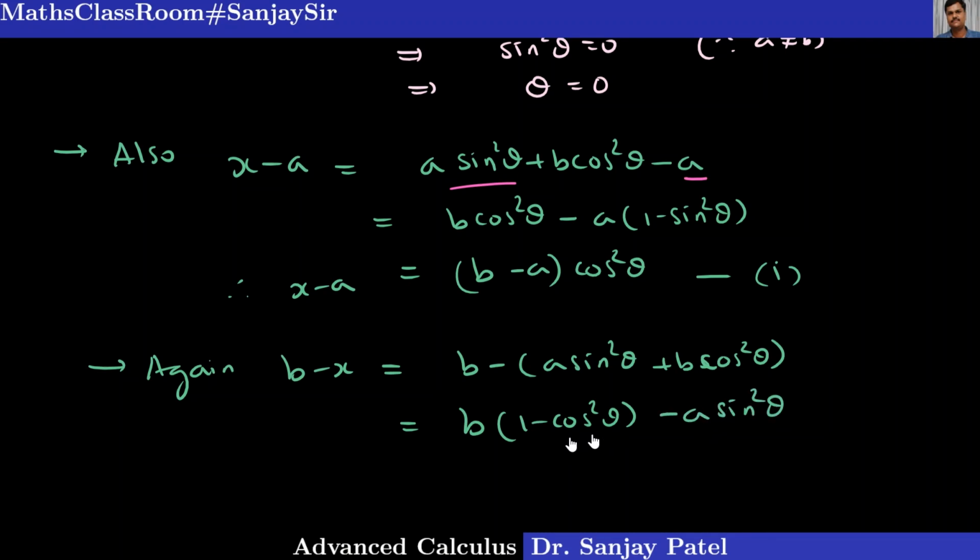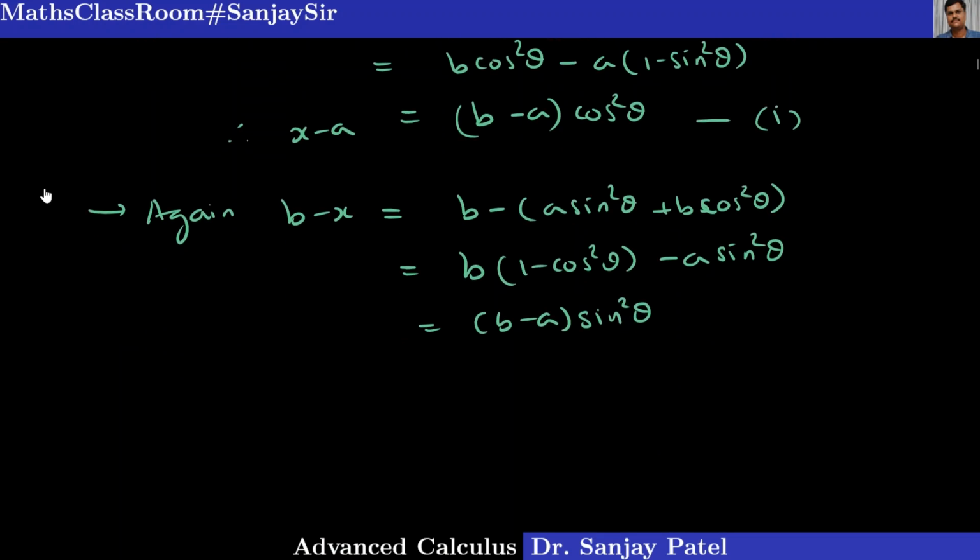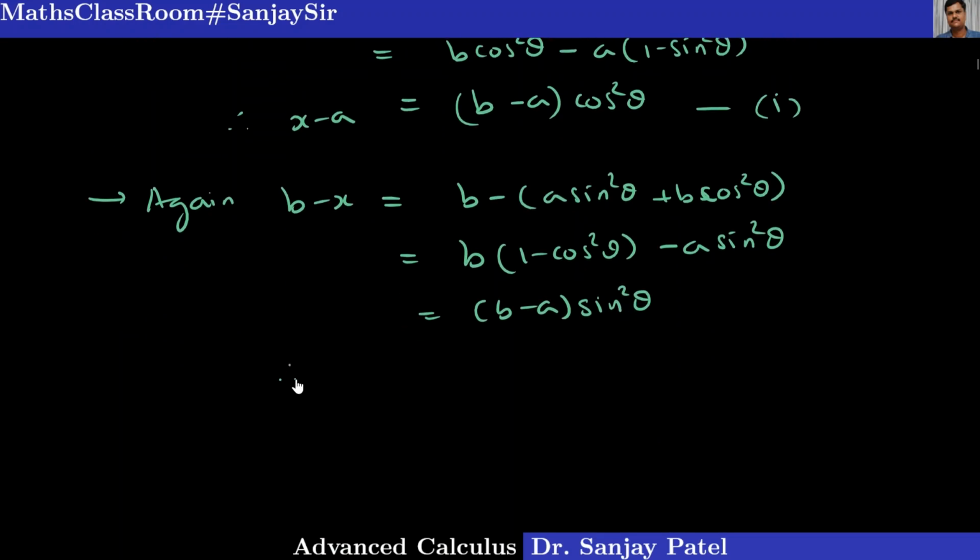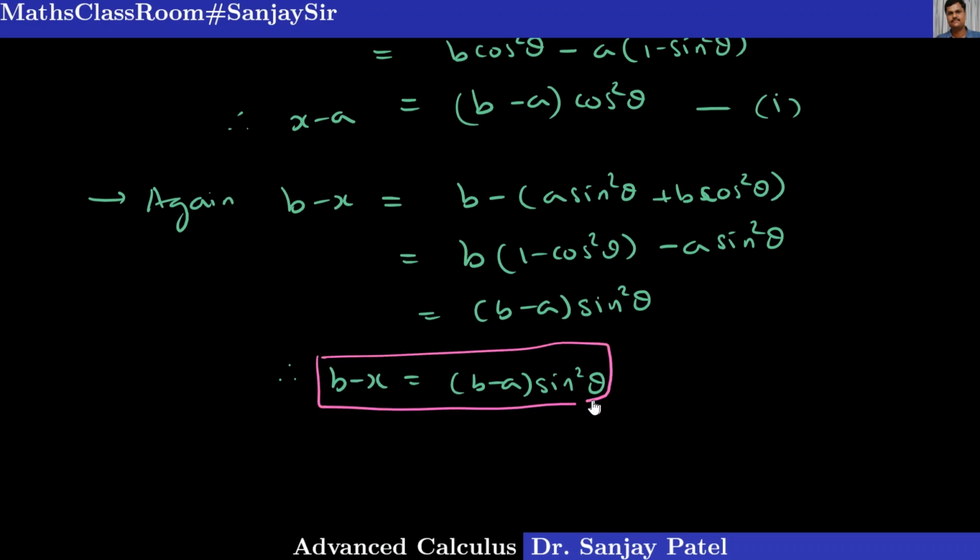Again, 1 minus cos square is sin square, so taking sin square common, we will get b minus a times sin square theta. So what I have proved here is that b minus x is equal to b minus a into sin square theta. So these are all useful results. This is the first one. This is another one.